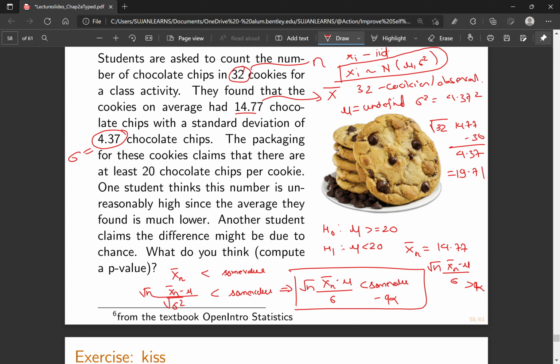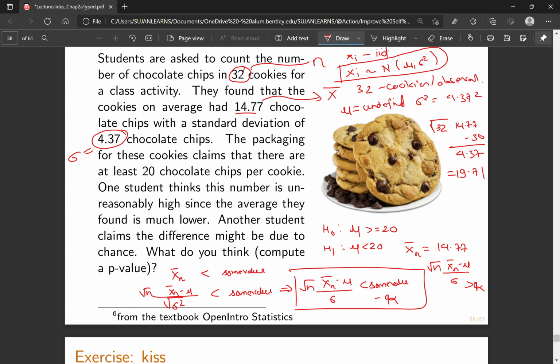Let's take a look at our standard normal distribution chart, and the maximum value of 0.998, the maximum value is 3.409, and we have 19 here.